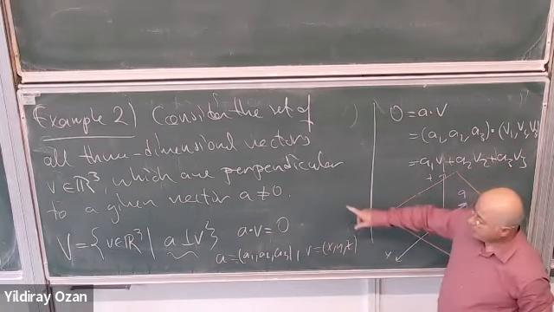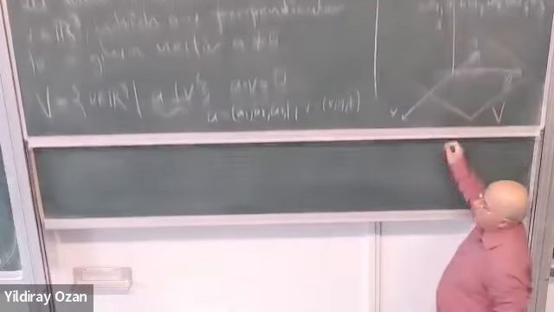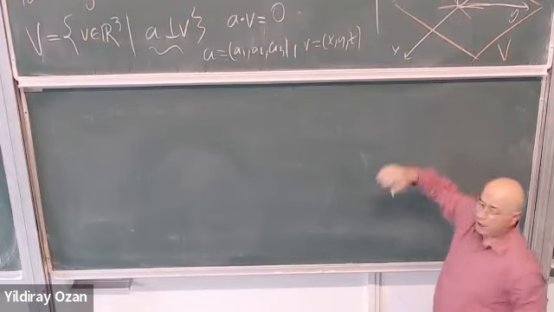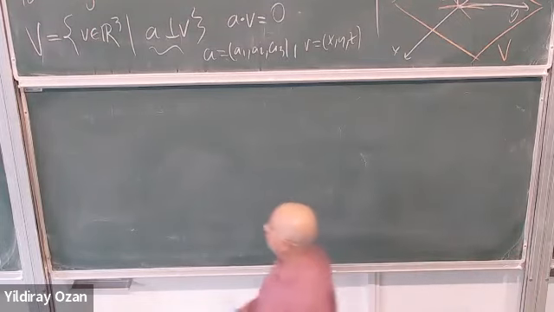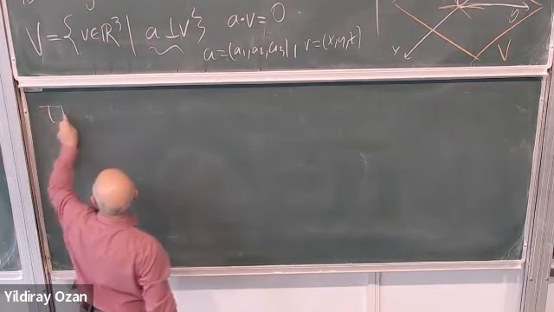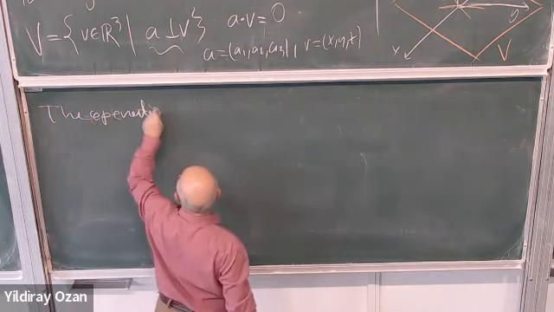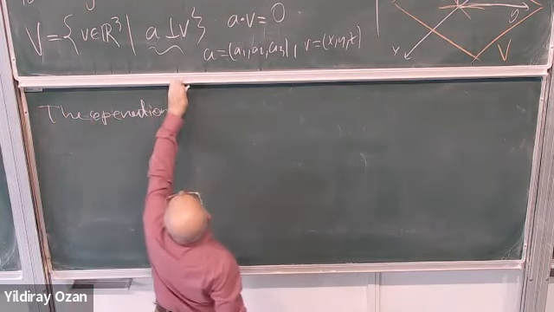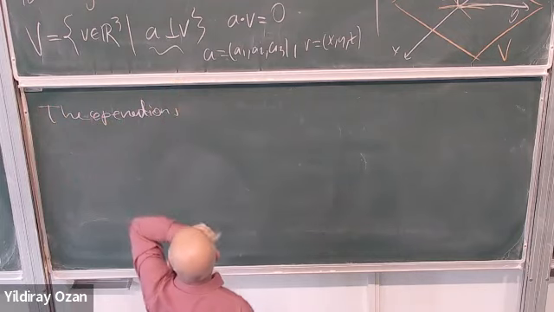Now we claim that this is a vector space also over R. I have to tell you what the operations are.